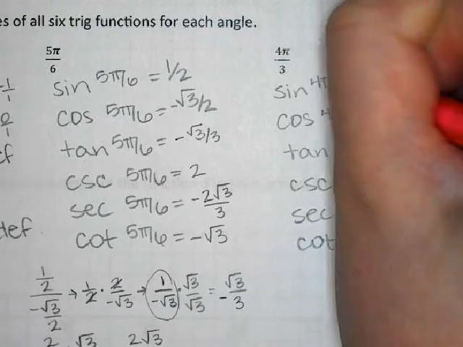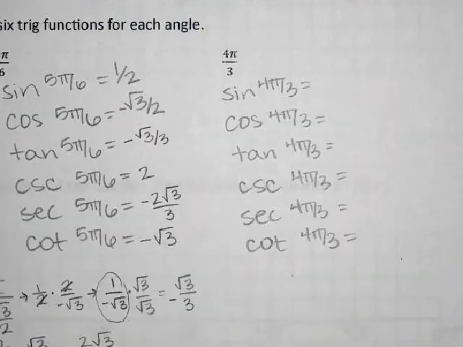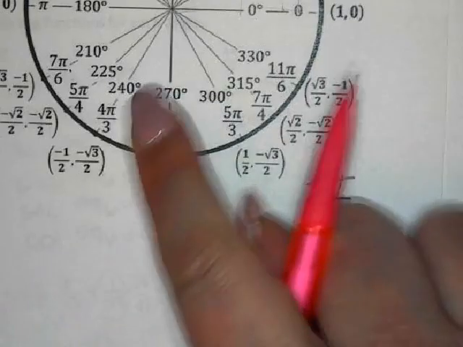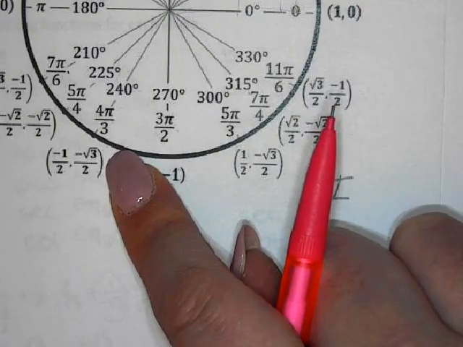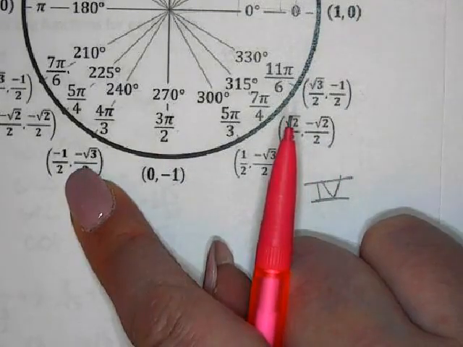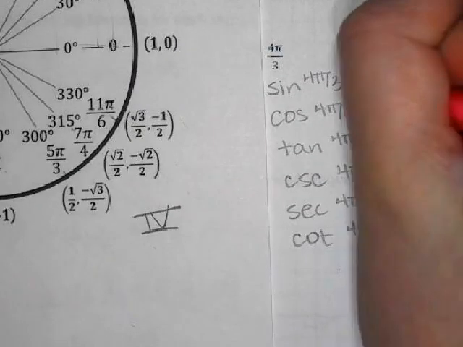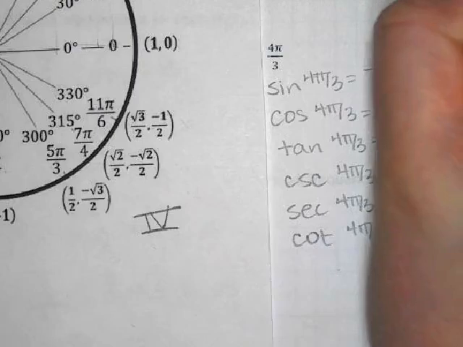All right, 4 pi thirds is down here. So sine is the y-coordinate, negative root 3 over 2. The x-coordinate, negative 1/2. Negative root 3 over 2. Negative 1/2.